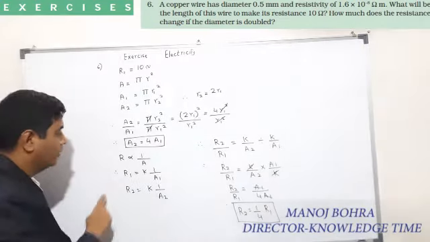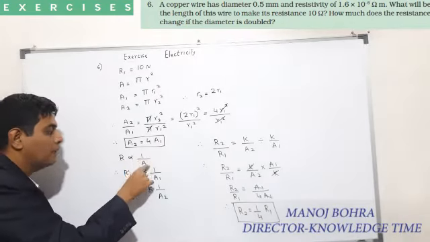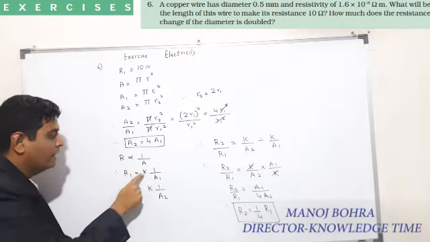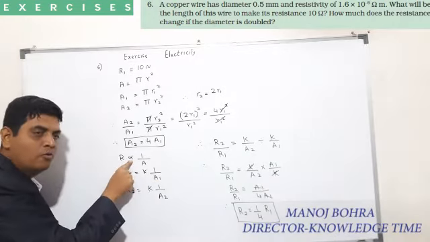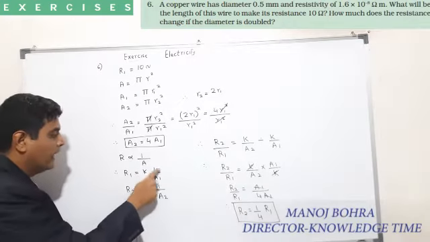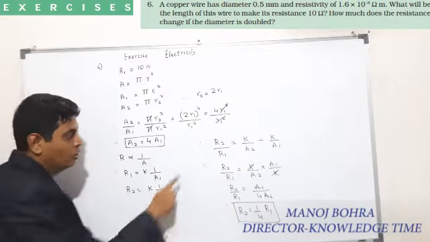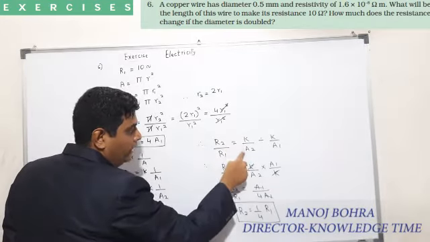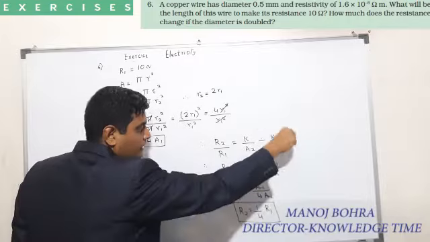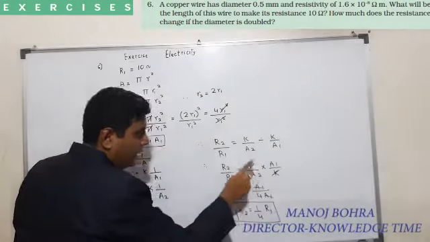Now how will I get it? So I know R is inversely proportional to area. So therefore R1 is equal to K upon A1. Whenever you remove this proportionality sign, you have to introduce a constant. So R1 is K upon A1 and R2 is K upon A2. You want R2 upon R1. So R2 upon R1 will be K upon A2 divided by K upon A1. This gets reciprocal. K upon A2 into A1 upon K. K gets cancelled.